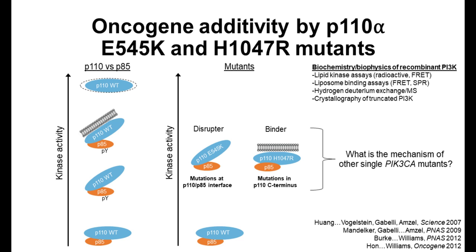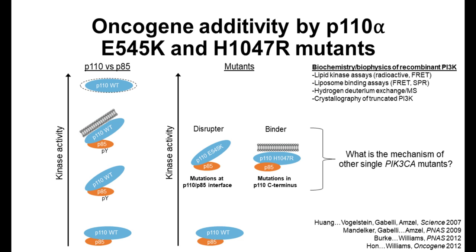Other mutations at the P110-P85 binding interface have a similar mechanism of action. In contrast, H1047R, which is located in the C terminus at the end of the P110 protein, functions as what we call a binder. It increases lipid membrane binding, as pictorially represented here. Other mutations in the C terminus of P110 have a similar mechanism of action. Therefore, this has established the most frequent hotspot mutation mechanism.